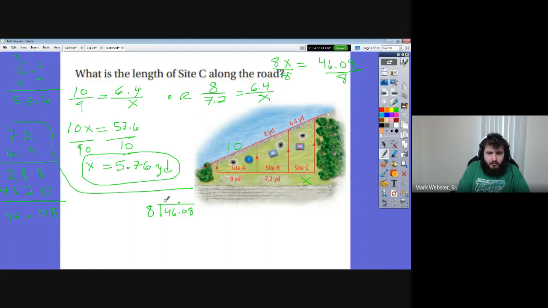Eight does not go into 4. It goes into 46 5 times. 40, right? Drop down the 0. 8 goes into 67 times.